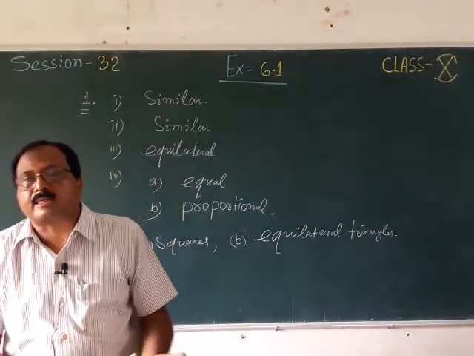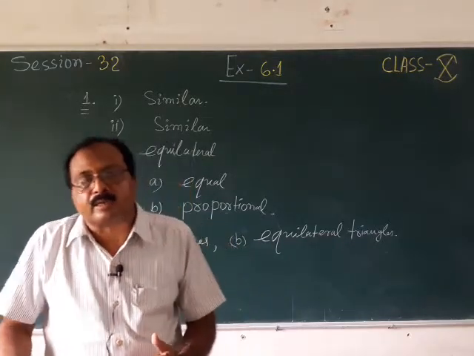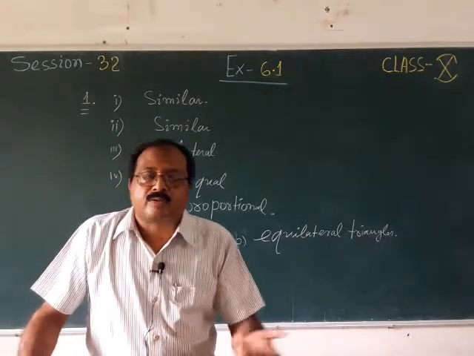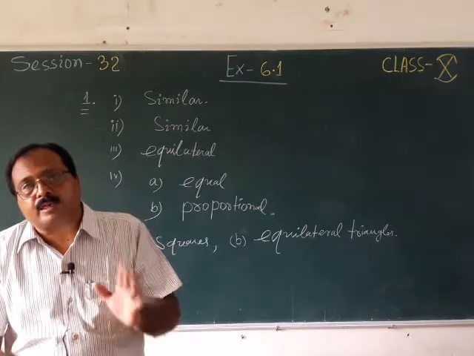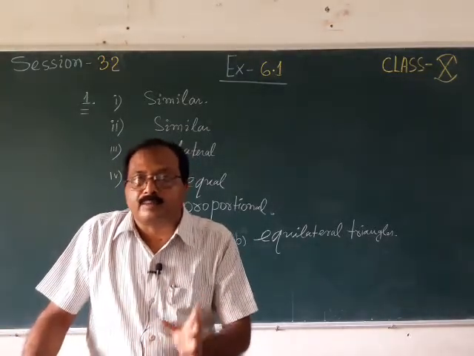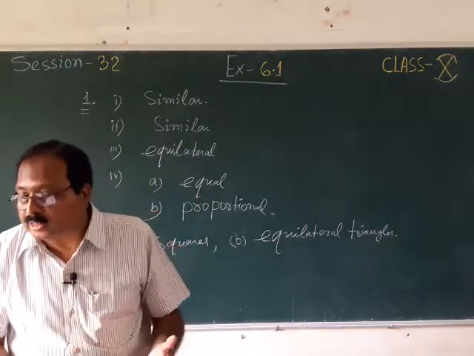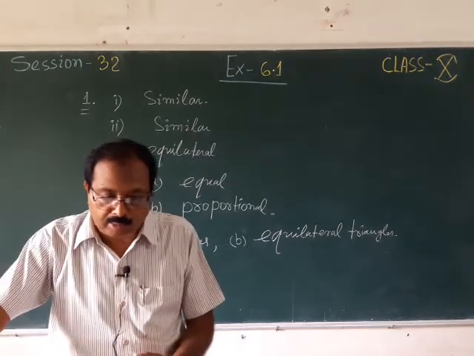You can make a hexagon with side 2 centimeter, another hexagon with side 3 centimeter, another with side 5 centimeter, but it should be regular, that means all sides must be equal. Then these hexagons will always be similar to each other. So this is the answer of question number 2.1.